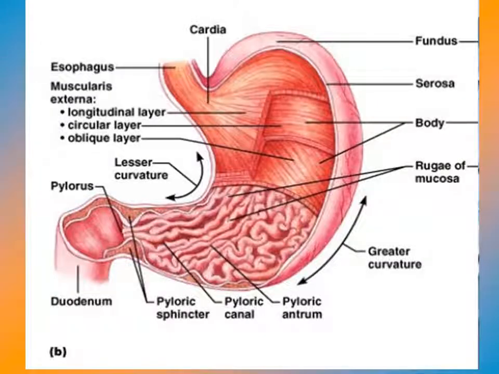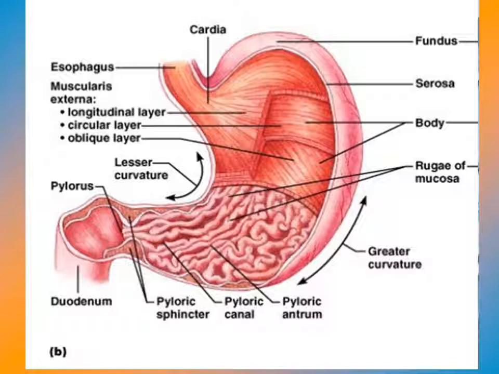The stomach, as we see in this figure, contains an inner mucosal wall and muscle layers in different directions: longitudinal, circular, or oblique muscle in the wall of the stomach. The mucosal wall is arranged in columns; we call that the rugae of the mucosal wall.